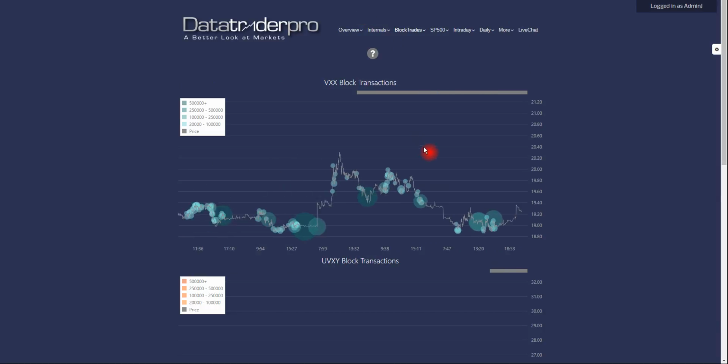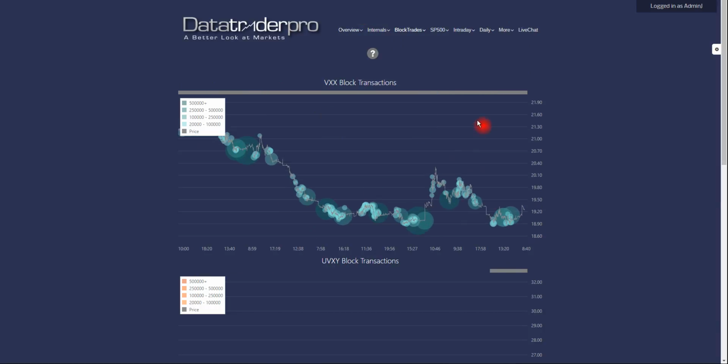There's been a lot of accumulation, actually, not just this week but last week as well. Every time VXX makes a new low, there's another million, and then a bunch of 500,000, 600,000 prints. Some larger players are accumulating VXX in size, and every time it makes a new low, there's another big print.